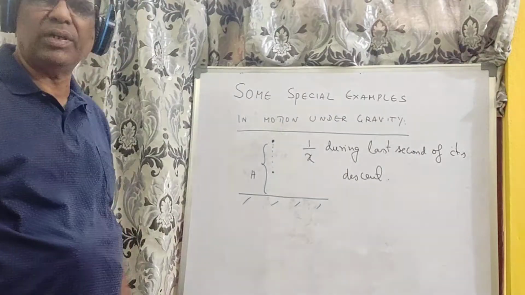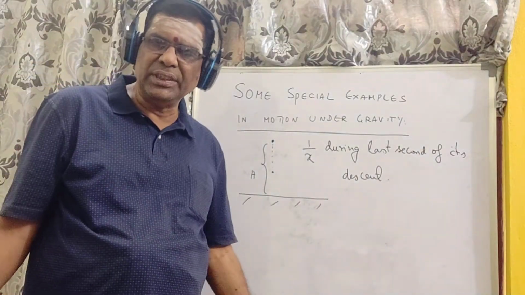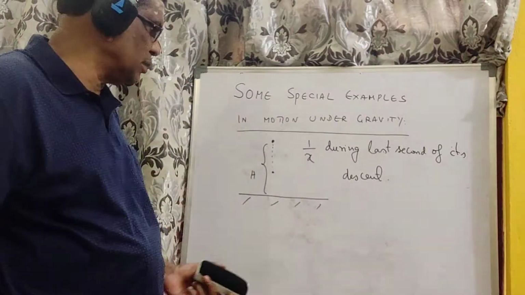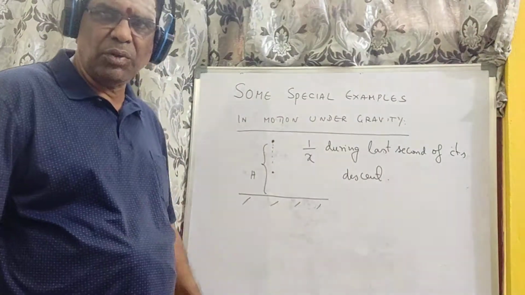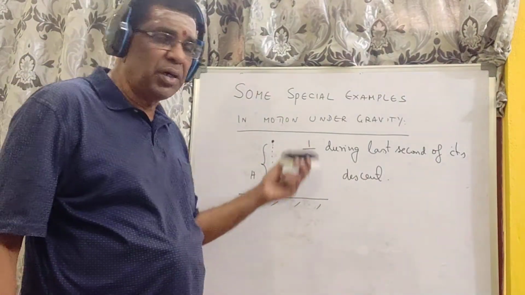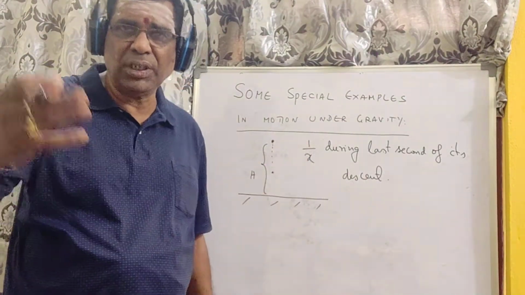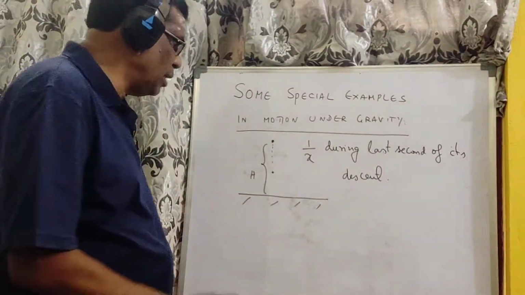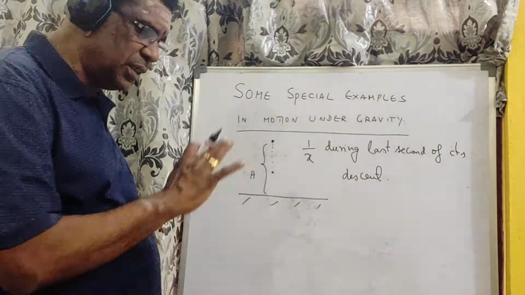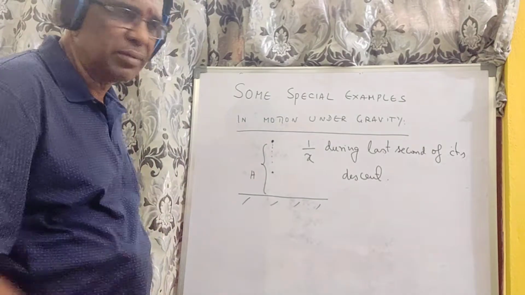What is the time of flight or time of descent, and what is the height? This is the question. Some of the models, I'm generalizing. I'm not giving you that x could be 2, 3, 4, anything, but I'm just trying to give you a generalized problem model.